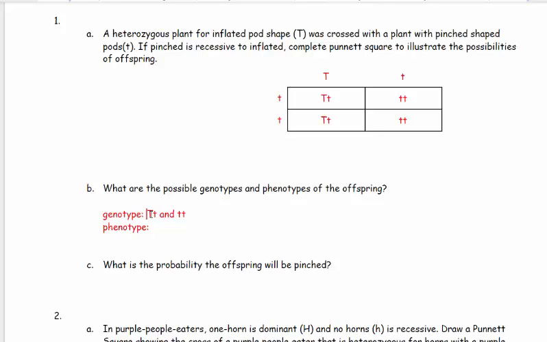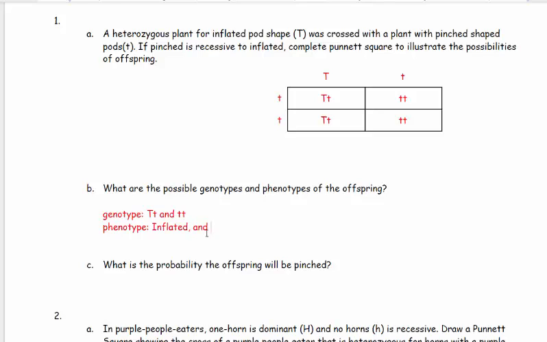So if we were to look at the big small, we have two genes here that are communicating different things. One is communicating that it should be inflated, the other one's communicating that it should be pinched. The one that is dominant will be the one that is quote-unquote listened to. So in this case, the one that is listened to is the big letter, T, which suggests that this one will be inflated.